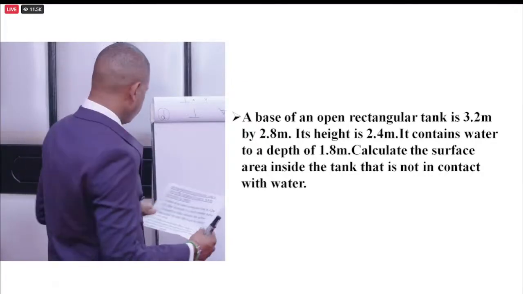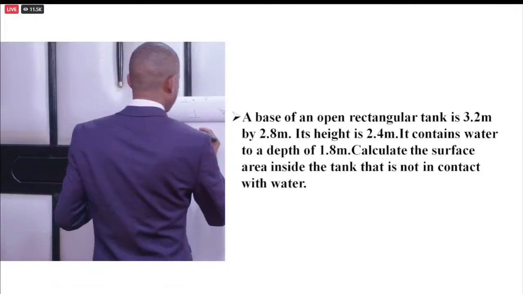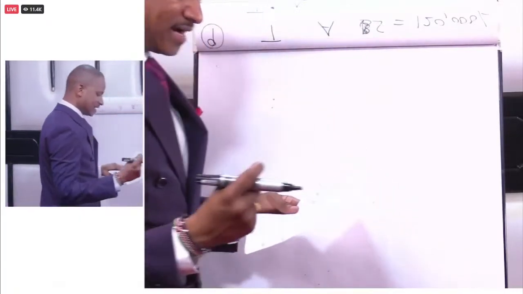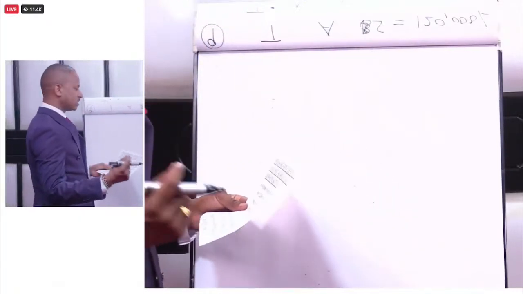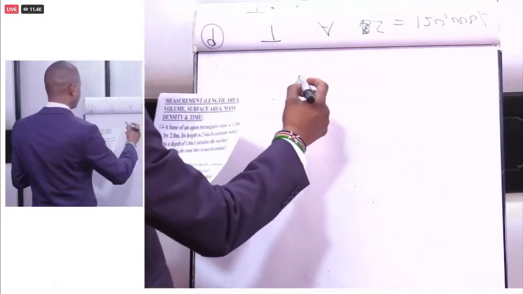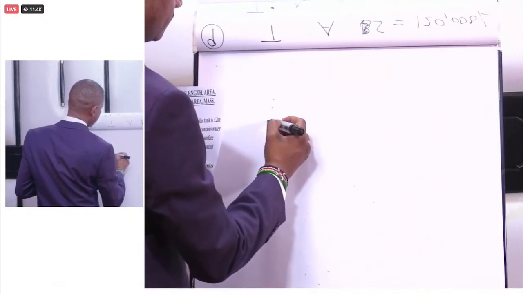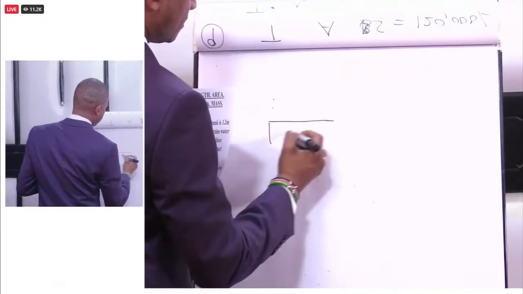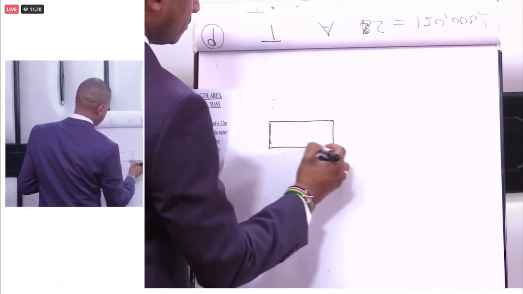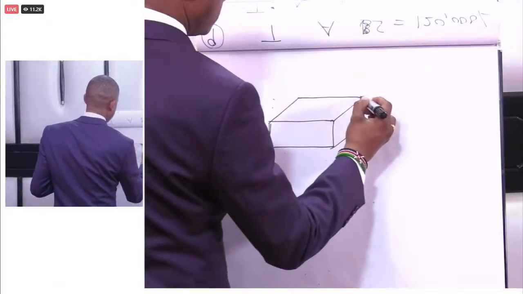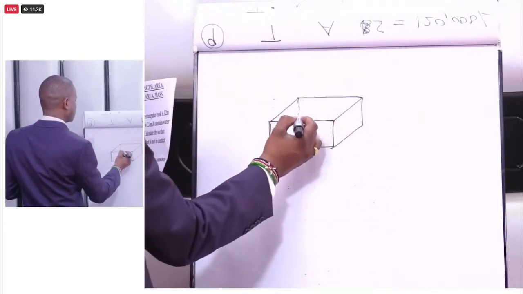Class, be very keen with such questions. They want the surface area inside the tank that is not in contact with water. So you're told that a base of a rectangular tank. So just draw a rectangular tank. That's a rectangular tank.